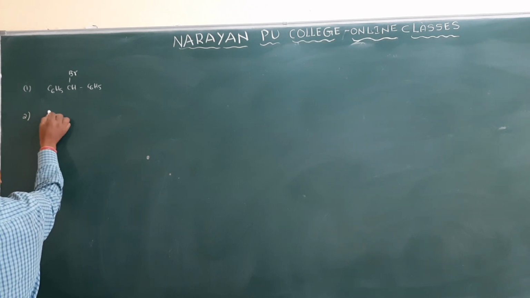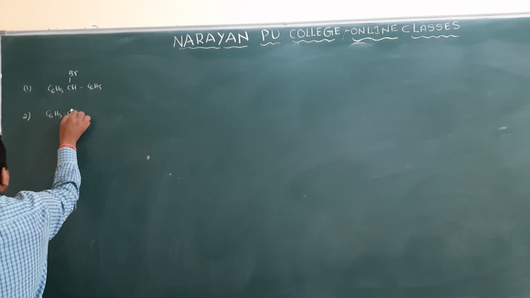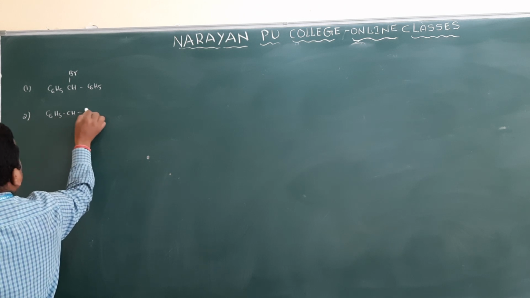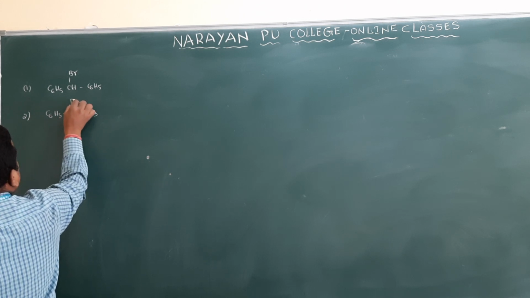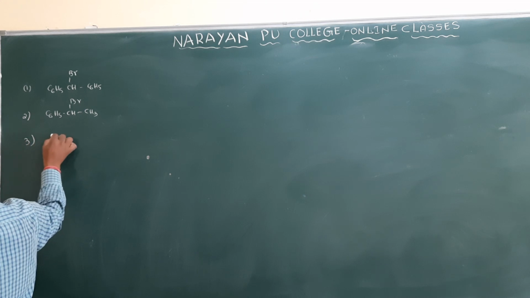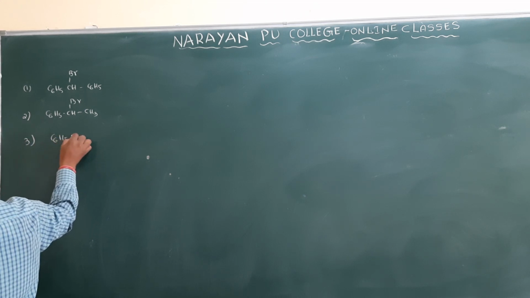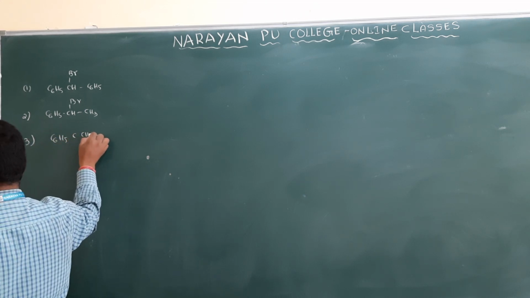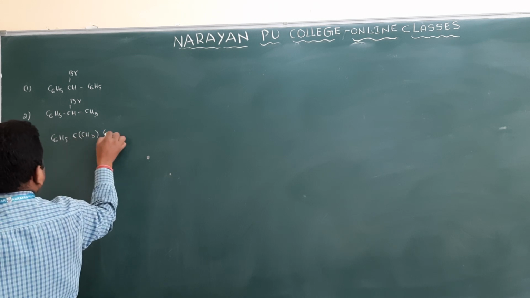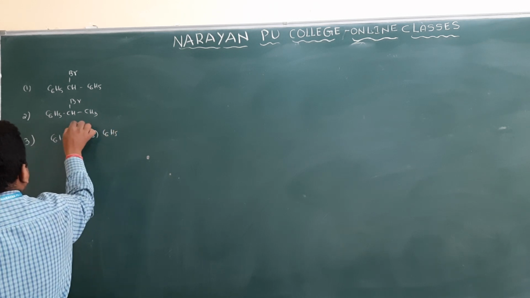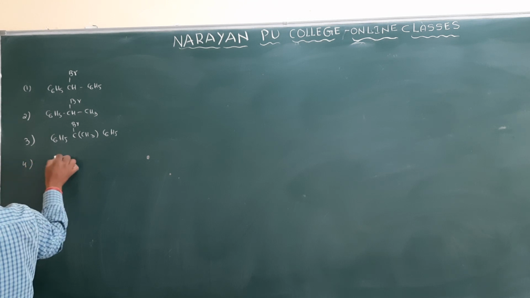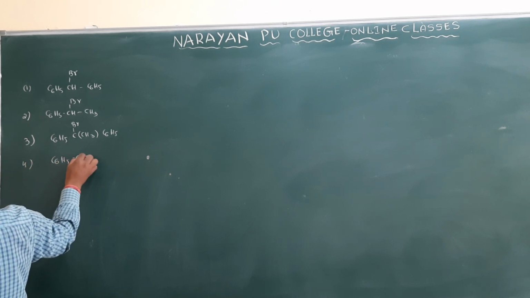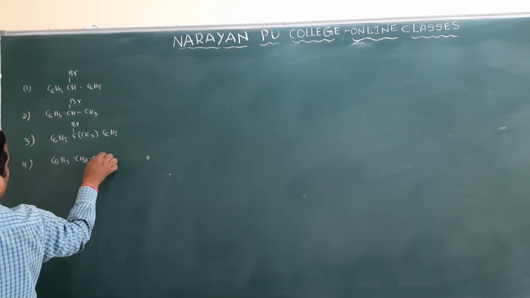Second option is C6H5 CH CH3 Br, and the third one is C6H5 C CH3 C6H5 Br. And the fourth option is C6H5 CH2Br. These are the four options.